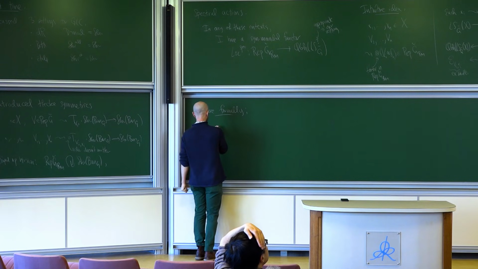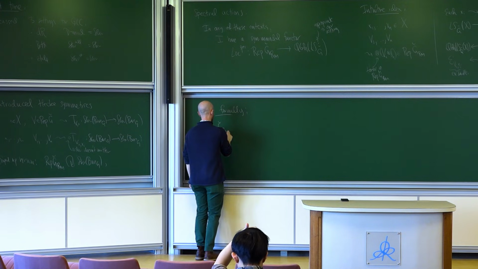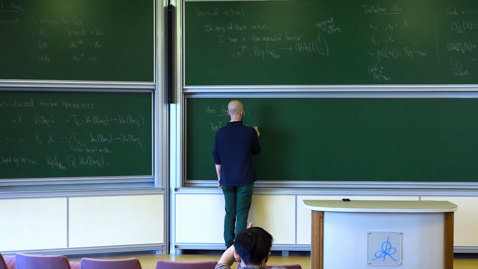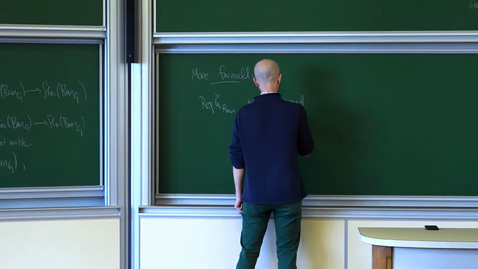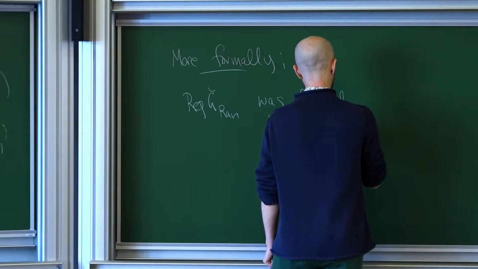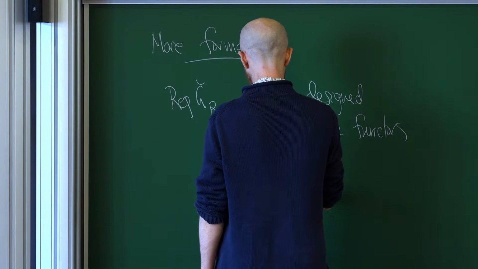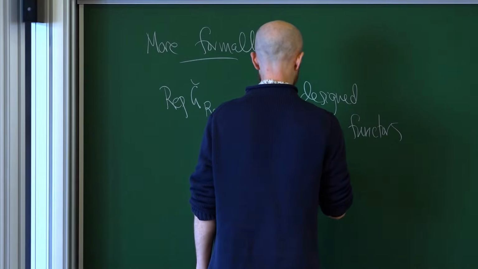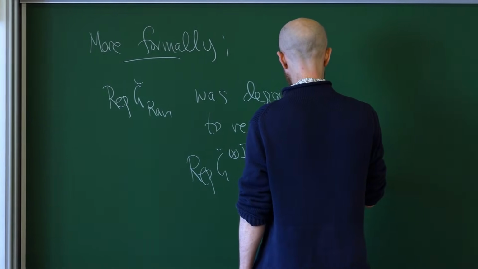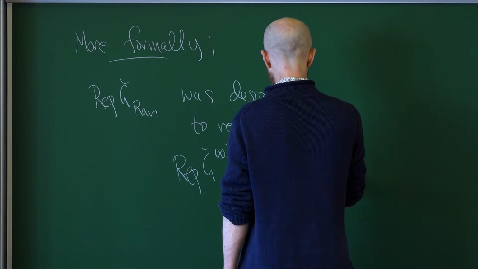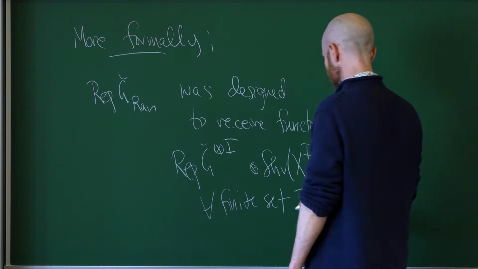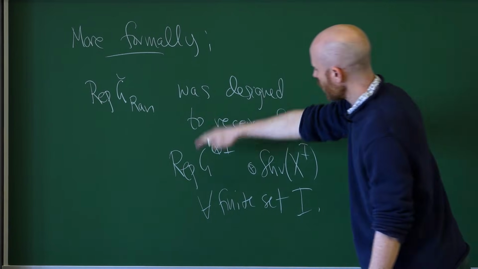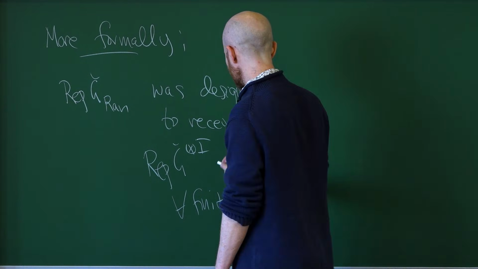So, more formally, let me remind you that Rep G check was designed to receive functors from Rep G check tensor I, tensor sheaves on X to the J, for every finite set I. So some kind of colimit, so that there were definitional functors like this.